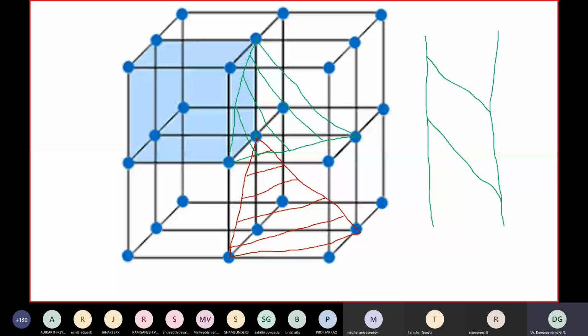Now we have to find the distance between these two planes. It has to be the perpendicular distance. So we drop a perpendicular between these two planes because they are parallel, and we call this the interplanar distance, d_hkl.